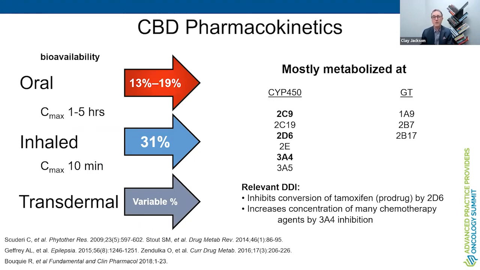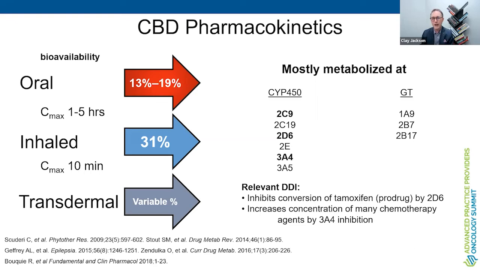Let's take a look at CBD and how it's delivered in different products around the country. Oral, inhaled, and transdermal. Oral is about 20% bioavailability, inhaled is about a third, and transdermal is anybody's guess. There are some drug-drug interactions that are important. CBD inhibits conversion of tamoxifen by the 2D6 cytochrome pathway.